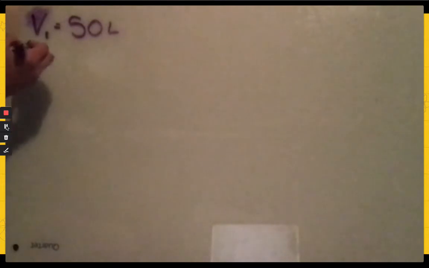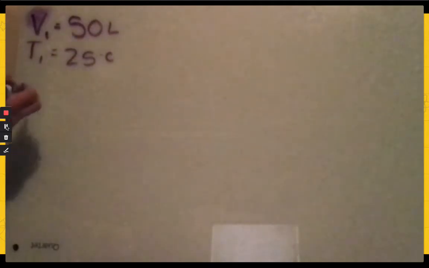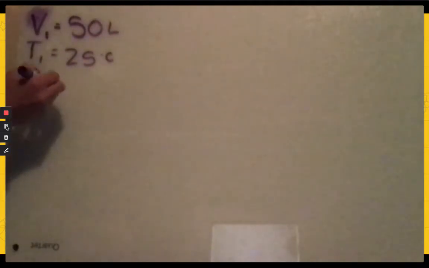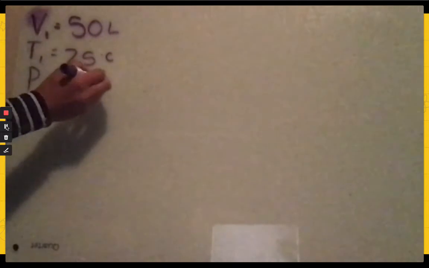So our volume 1, a little too high, let me move it, equals 50 liters. It tells us at 25 degrees Celsius, so our temperature 1 is 25 degrees Celsius, and our pressure 1 is 1.08 ATM.